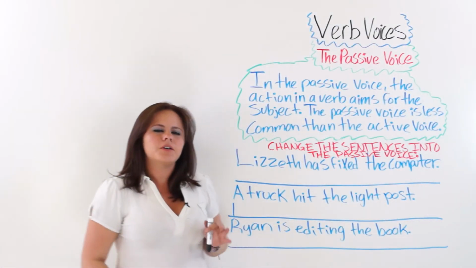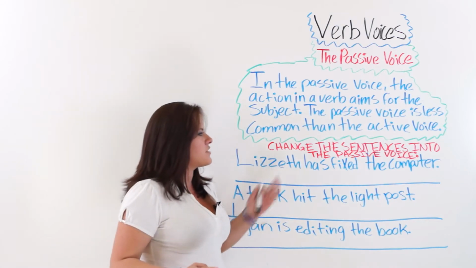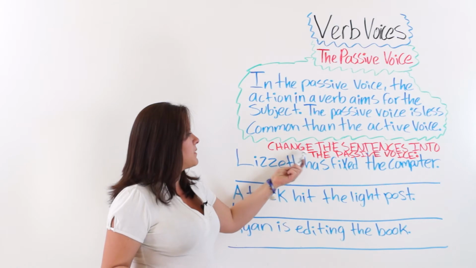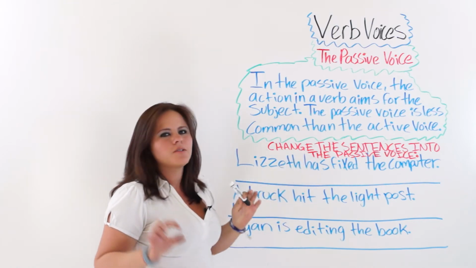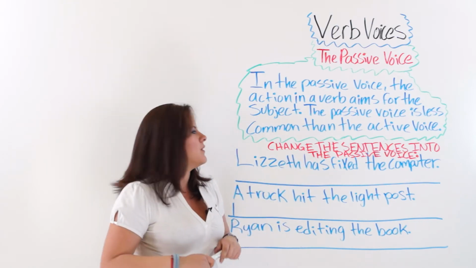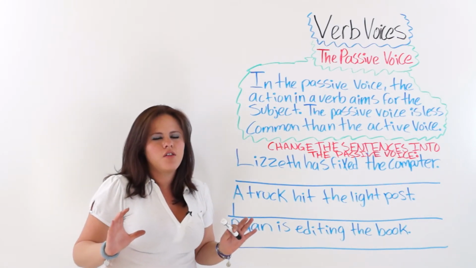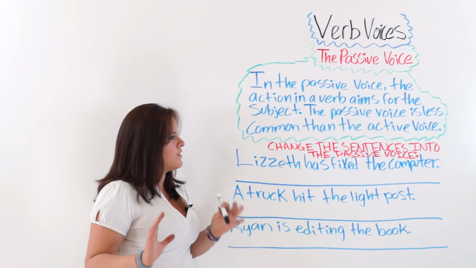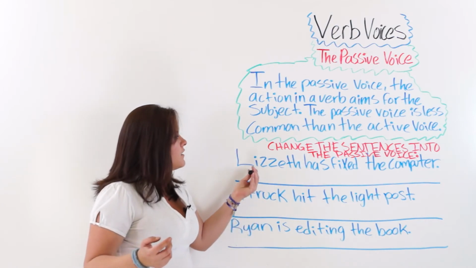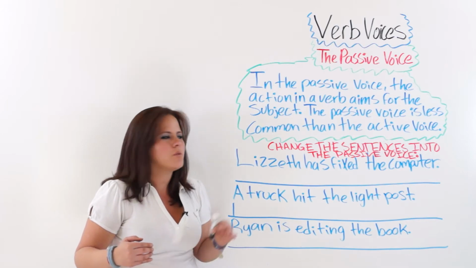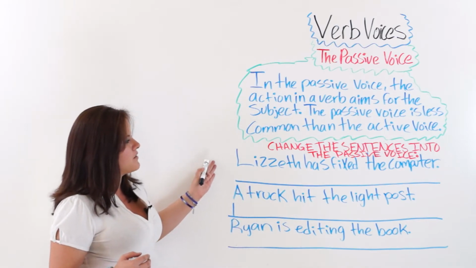Alright, now you are going to help me change the sentences into the passive voice. I am sorry about the sloppy writing here, but it didn't quite fit very well. Okay? Well, you have to consider the tense the sentence is speaking in. Liseth has fixed the computer. Okay, we want to change that into the passive voice.